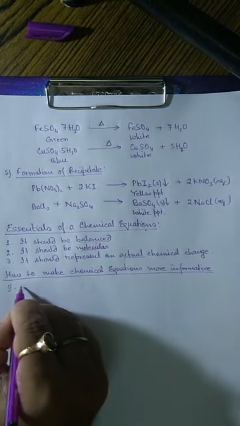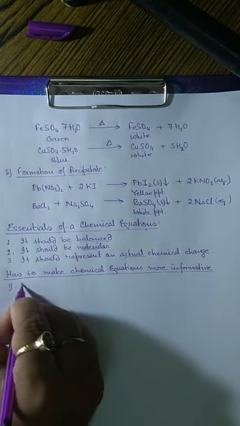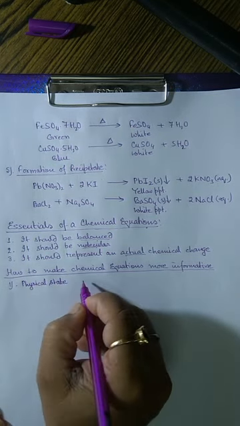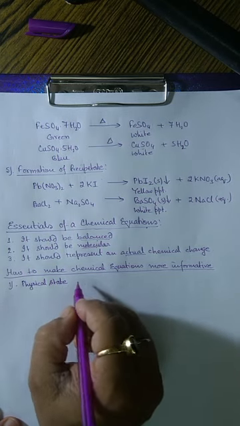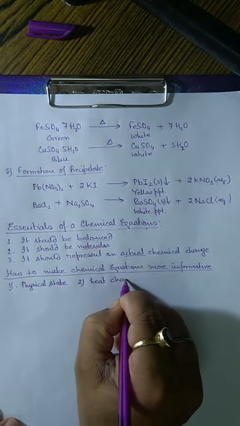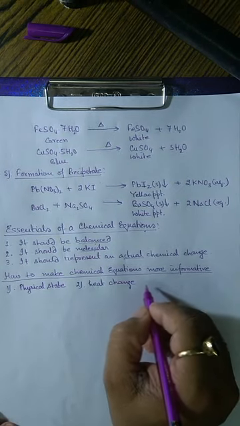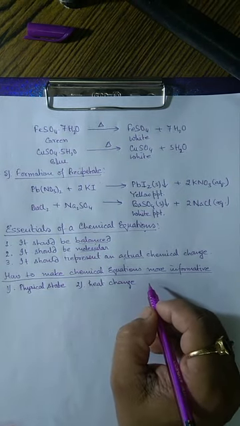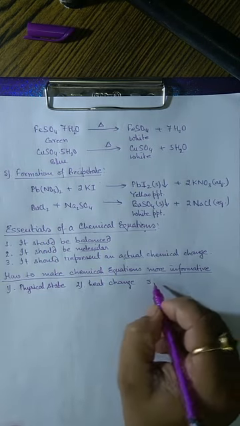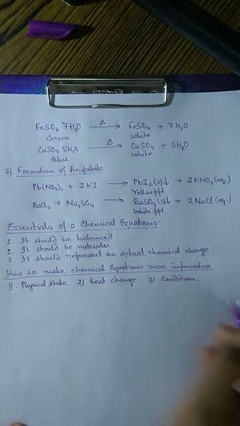First way is to write the physical state. Second, we must know about the heat change by writing the symbol delta or the heat on either side of the reaction. Third one is the condition under which the chemical reaction is taking place.